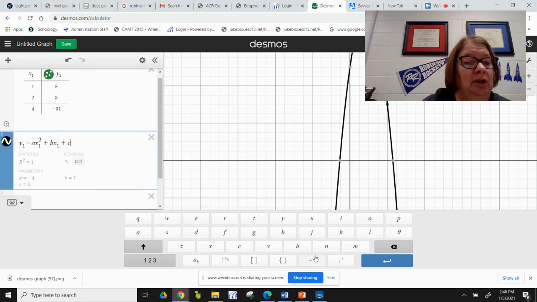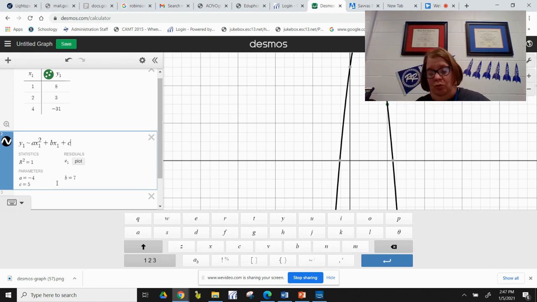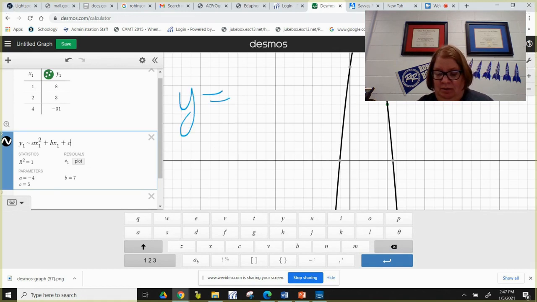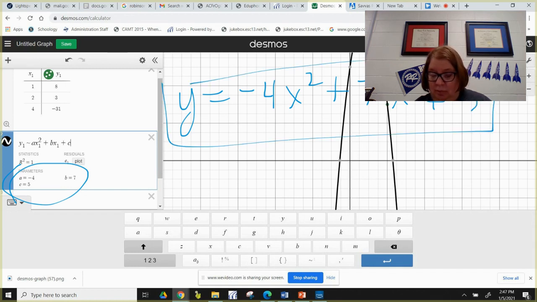Squared, plus BX1 plus C. Now remember, I want to write this equation in the form AX squared plus BX plus C. Look, Desmos has given you the A, the B, and the C. So our equation for this one would be, use your A, B, and C from right here. Negative 4x squared plus 7x plus 5.